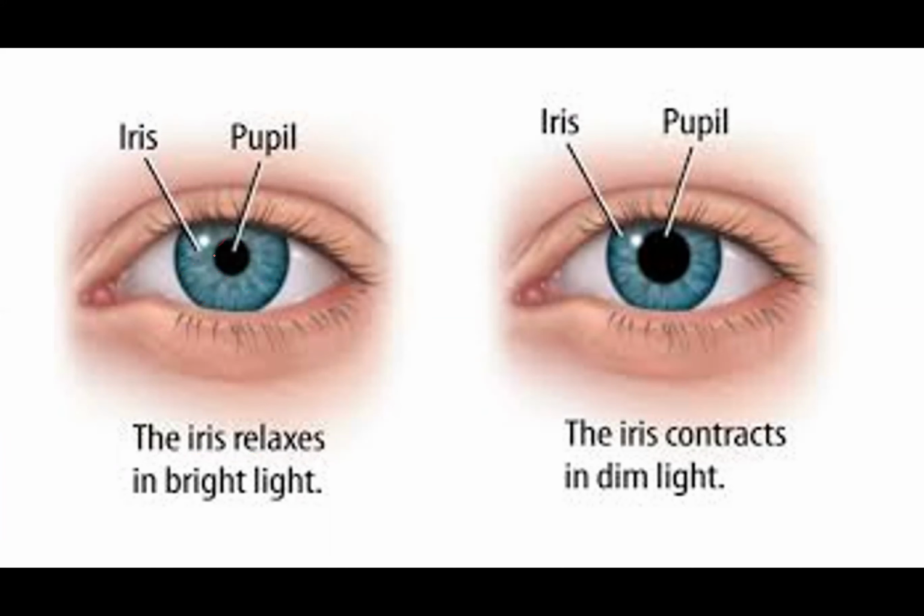This portion will contract and this will extend. The iris contracts in dim light. It contracts in dim light, and relaxes in bright light.